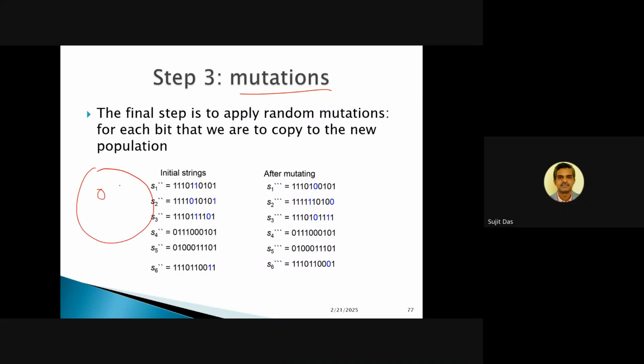Suppose you select these two solutions and apply crossover. After crossover, you will be in a very nearby region, maybe in this region. This is parent one, this is parent two, this is child one, child two, which lie in a very close region. But if you apply mutation to this solution, it may become here.